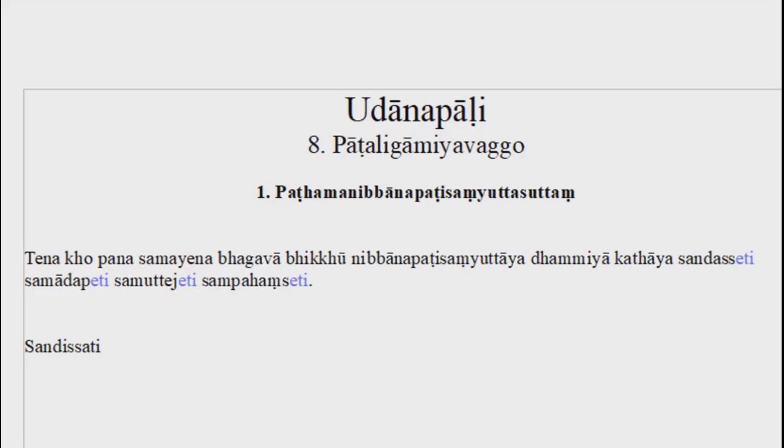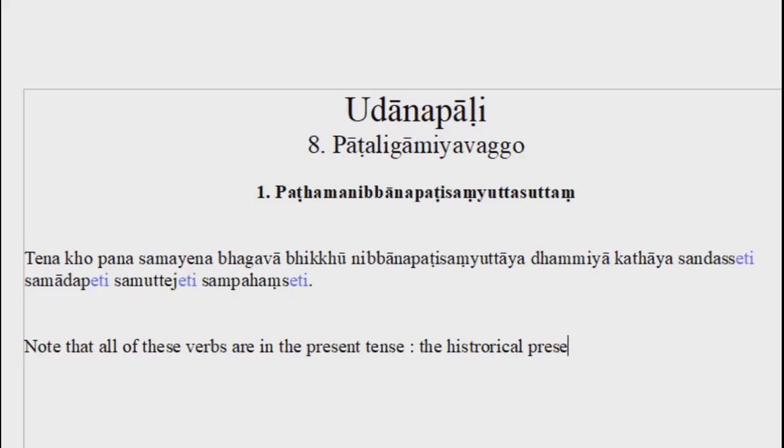So we have to instruct, we have samādapeti, to cause to take, to incite, to rouse. Samuttejeti, to excite, to fill with enthusiasm. And then sampahaṃseti, which is to gladden. There's obviously some overlap between some of these verbs, and we just have to kind of pick accordingly.